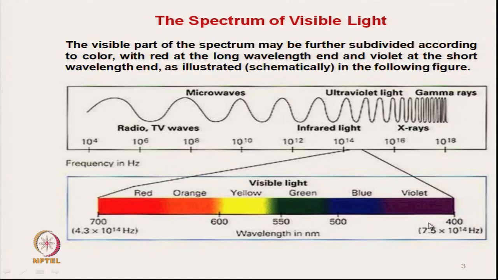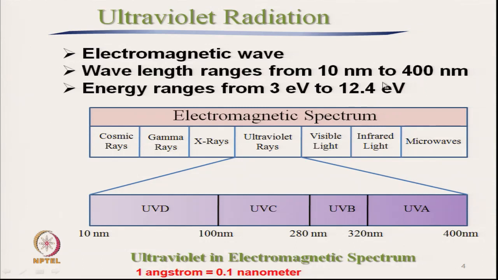And if we cross the violet, then the ultraviolet UV ray will come, which actually affects our human body. Ultraviolet radiation is an electromagnetic wave. The wavelength range is from 10 nanometer to 400 nanometer.